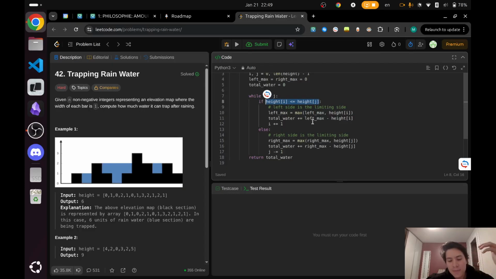The way to tackle this problem is to think about it as if you have two walls, right? And you're gonna try to know which are the limiting value of the wall. So you start a pointer here and a pointer here, let's say, and then you do the same intuition. You decide which pointer to move, and you're gonna move the one with the smallest height.